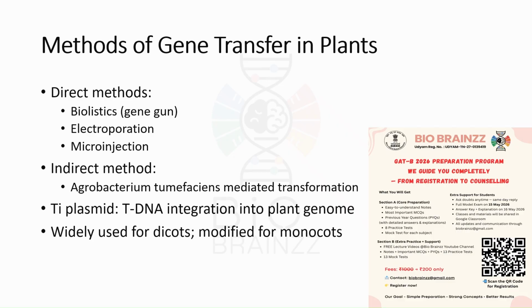The most widely used indirect method involves Agrobacterium tumefaciens-mediated transformation, where the Ti plasmid facilitates the transfer of T-DNA into the plant genome. This method is highly efficient for dicot plants and is being adapted for monocots. Gene transfer techniques are central to the development of transgenic plants with improved traits such as stress tolerance and enhanced productivity.